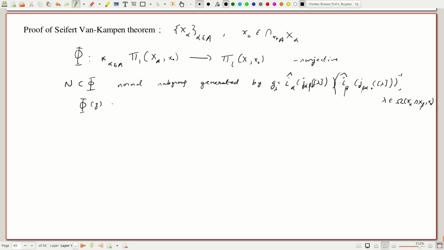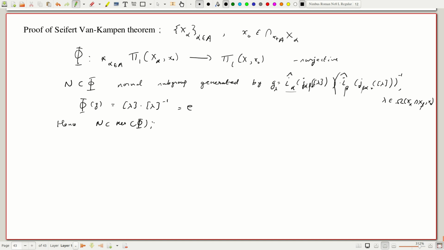So phi of g is just the inclusion map, then the formal map, and then the map generated by inclusion again. The i alpha part is formally into the alpha component, and then I further include it. So this is simply lambda times lambda inverse, which is the identity, as I said. So hence N is contained in the kernel of phi.